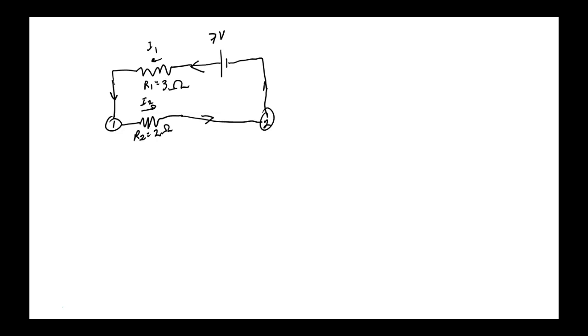Now, they also have an I3 coming in, and they say it's coming in this way, and that's coming from another resistor, R3, and R3 is equal to 4 ohms. Okay.